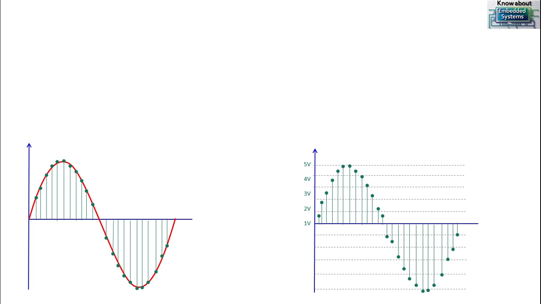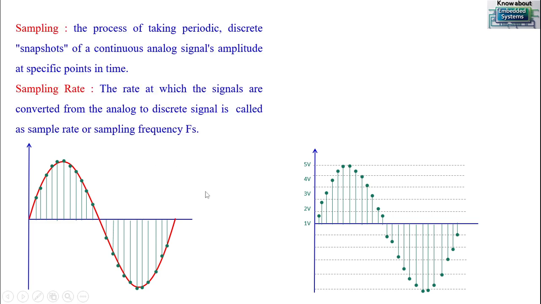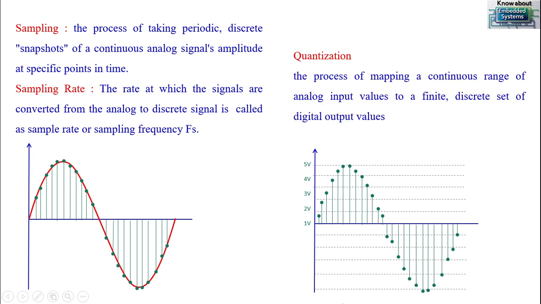So let us understand with the definition. Sampling, as I already told, is a process of taking samples periodically, the signal snapshots. The rate at which signals are converted from analog to discrete is called the sampling rate, and the process is called the sampling process. Then we have quantization.